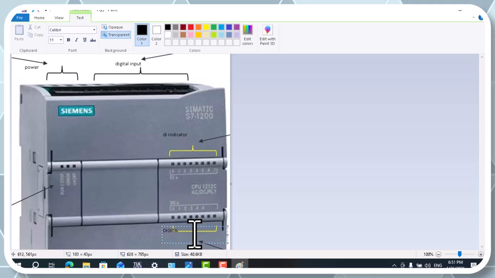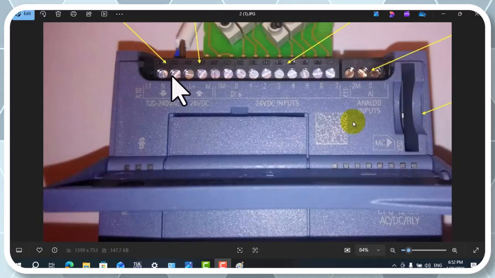And this one is the digital output indicator. And here we have the statuses of our PLC. Status of PLC.